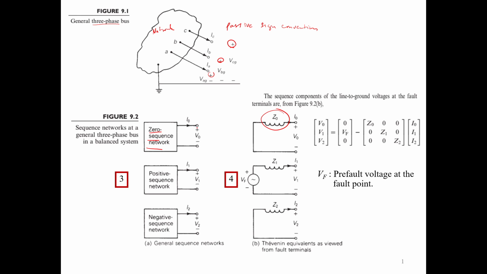And the sign convention for this, we also follow the passive sign convention, meaning that the current is flowing into the positive polarity. You can see that this is a definition, that I0, I1, and I2 are going out of the port, out of these two ports. Now, this is the network.